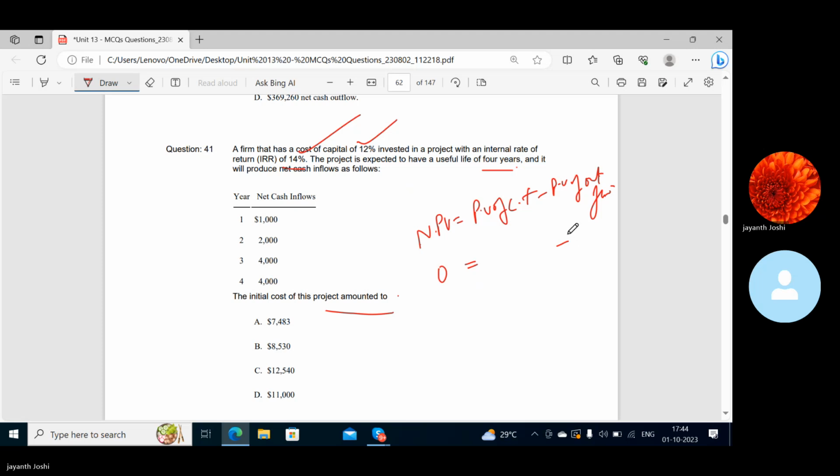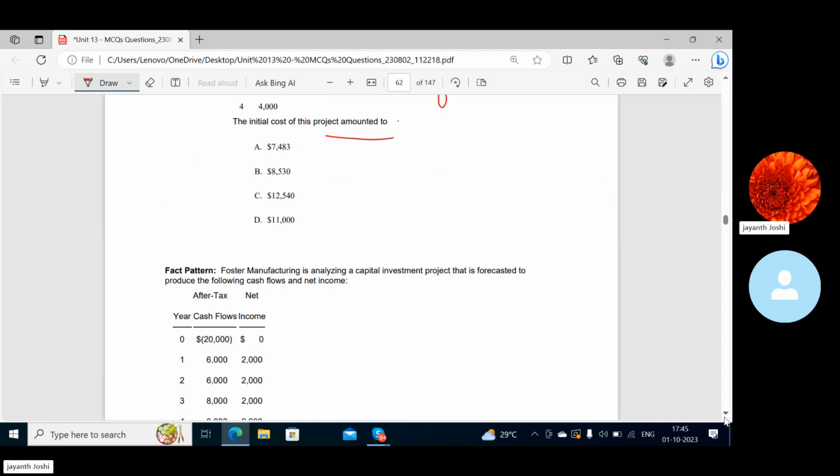No. So what they have given to us is the discount factor, which is 12%. The firm has a cost of capital invested in a project with an IRR of this. The project is expected to have a 4 year life. Okay. What have they given?